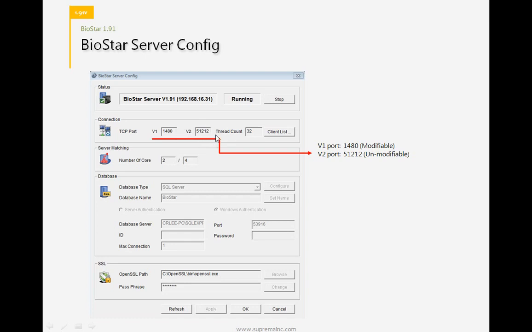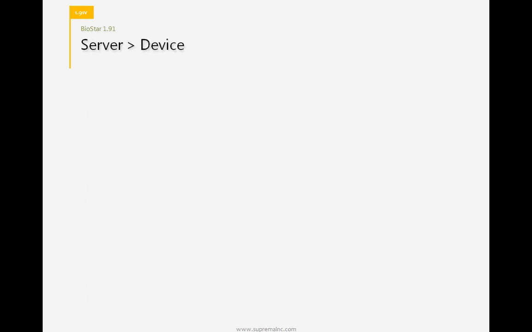Let me explain a little bit more about the difference between the ports. I'm sure that you all know about our connection modes. When you connect our devices to BioStar software, there are two different connection modes. One is server to device, connecting from the BioStar server to the devices.